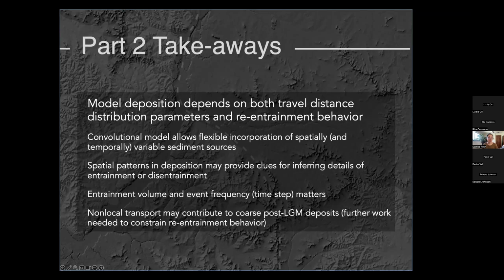I didn't really show that, but how frequently you start stuff moving makes a difference: if we're releasing small volumes more frequently, or one large volume very infrequently. And then it's unclear at this point whether non-local transport may have contributed to these post-LGM deposits, but it's possible, I'll say. More work is needed there.